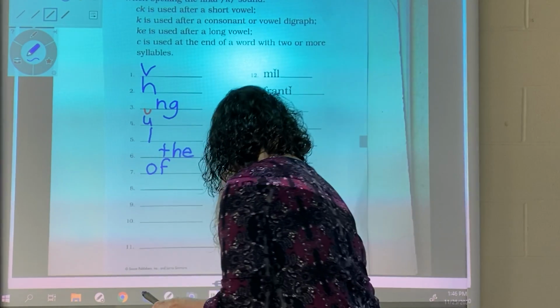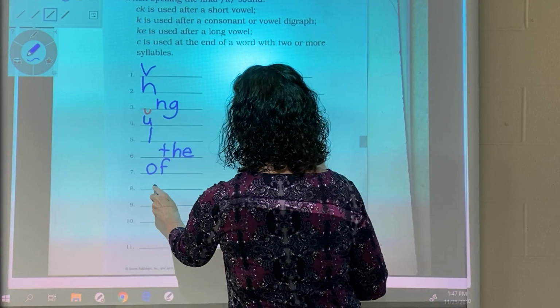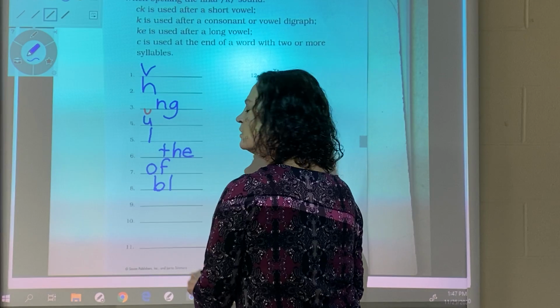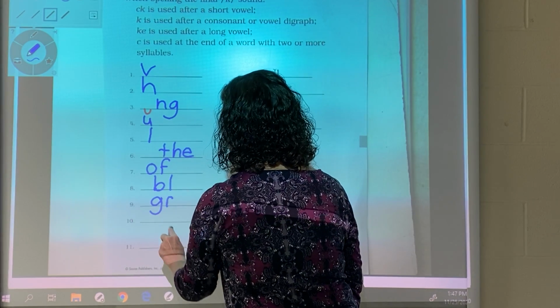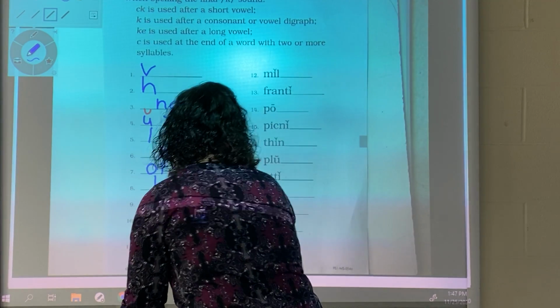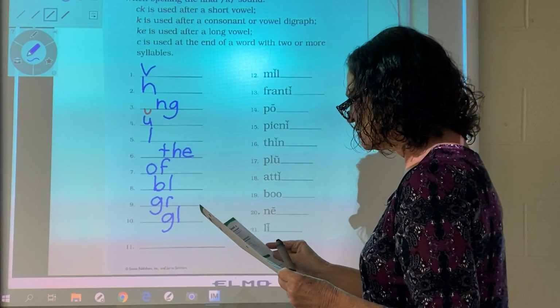That's all we're going to write this time. So we have the blend bl for blue. And then we've also had the blend gr for grass, and gl for glass.